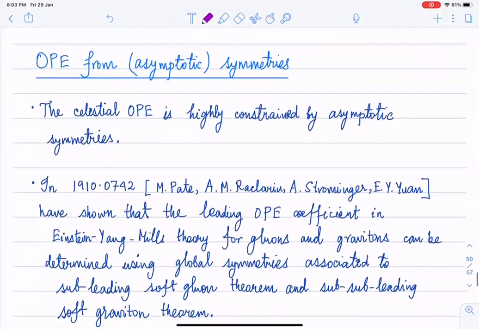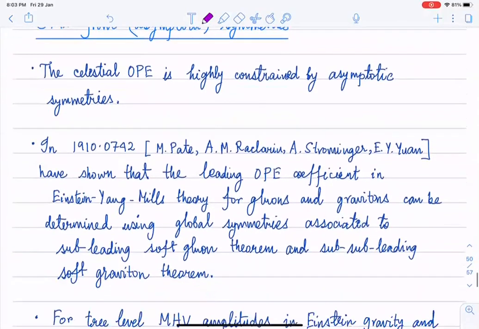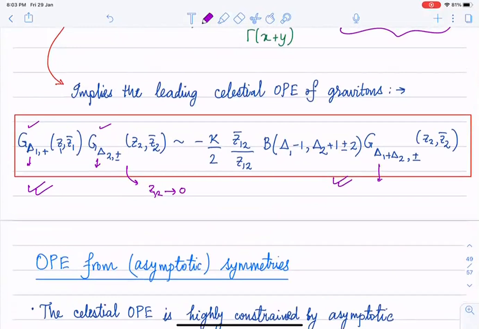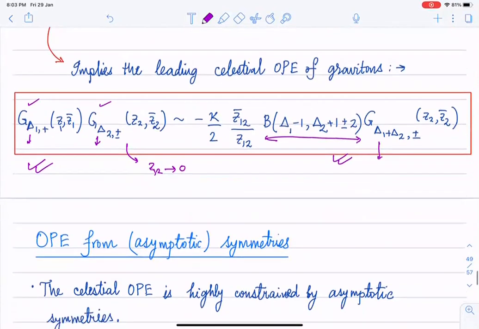For example, in a very nice paper a couple of years ago by Strominger and collaborators, it was shown that if you consider the leading structure of the OPE, the leading OPE coefficient is completely determined by asymptotic symmetries.